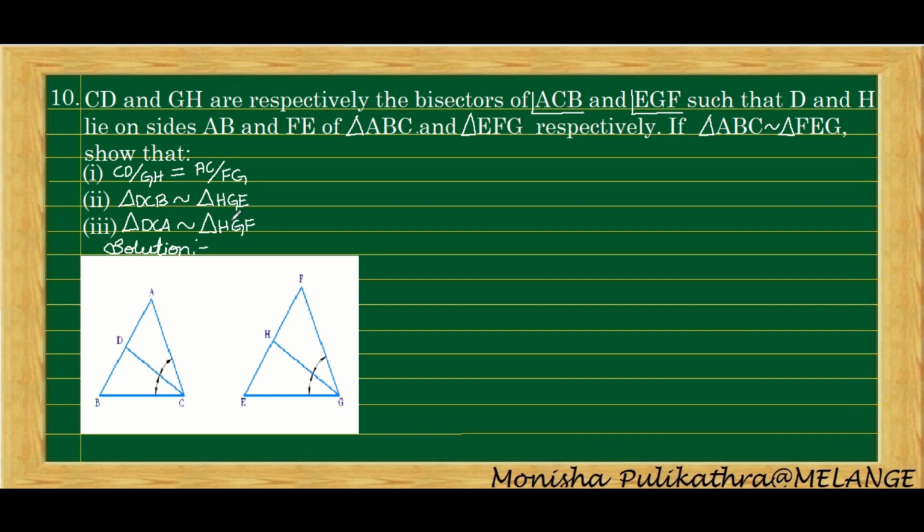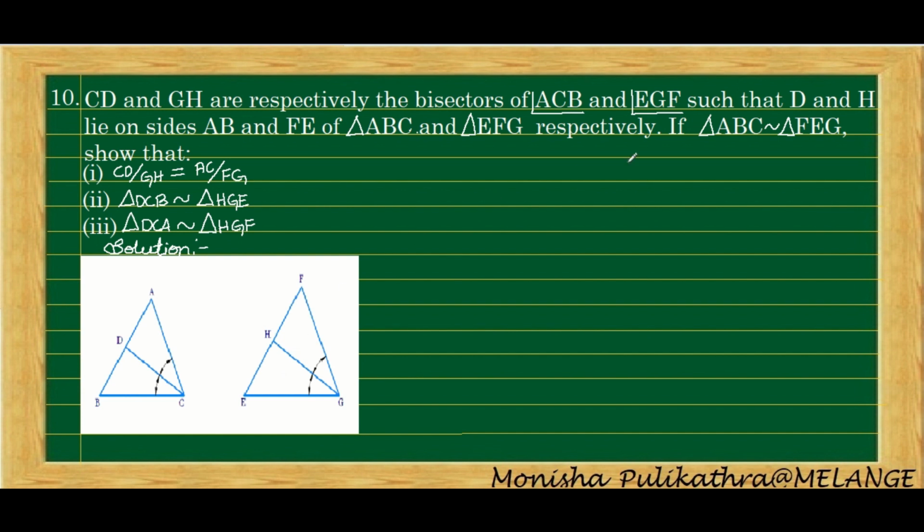Moving on to the 10th question. Here in the question they have given CD and GH as the bisectors. CD and GH respectively are the bisectors of angle ACB and angle FGE, such that D and H lie on the sides AB and FE of triangle ABC and triangle EFG respectively.